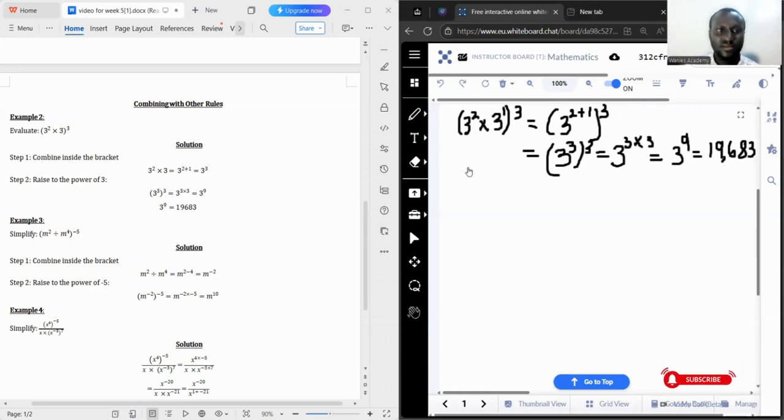Next, we look at example 3, which says simplify, open bracket, m raised to power 2 divided by m raised to power 4, close bracket, raised to power negative 5.